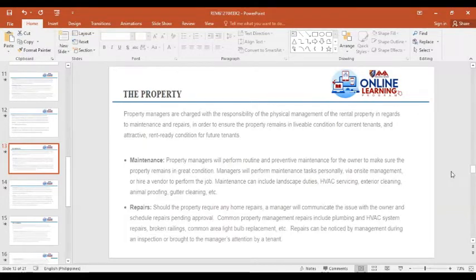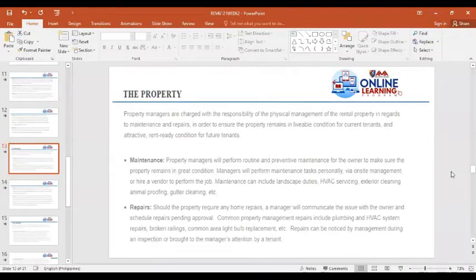Of course, to be attractive doon sa mga tenants, kailangan the property manager should maintain the physical aspects of the property. So let us consider number one is the maintenance.